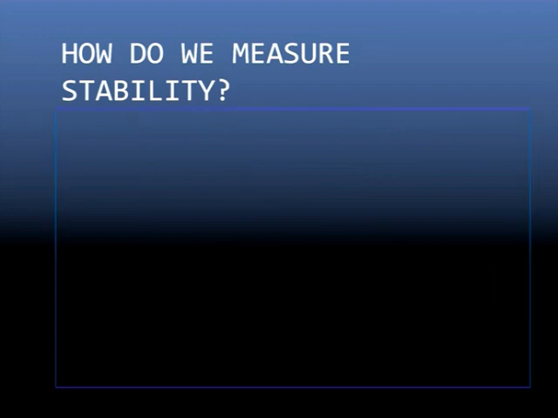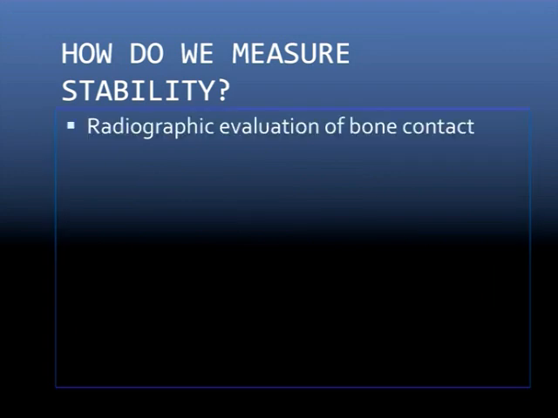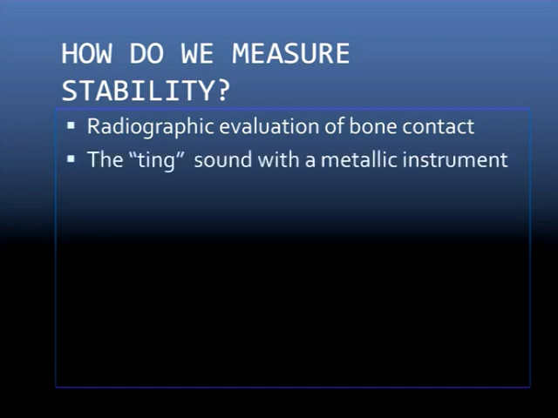Some of this has been alluded to previously, but we can look at a radiograph and assume that what we see around the implant is helpful in judging primary stability. The second thing, and the thing that I remember the most, is the Brånemark tapping test, where you take an instrument and tap the implant and get a certain resonant sound.